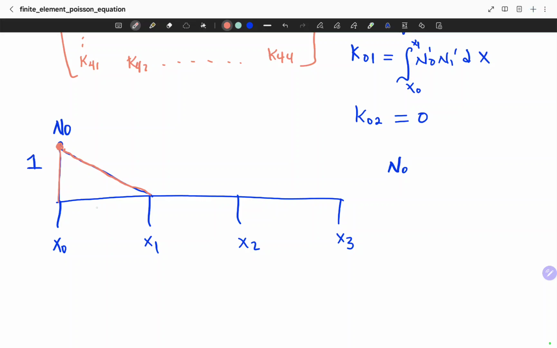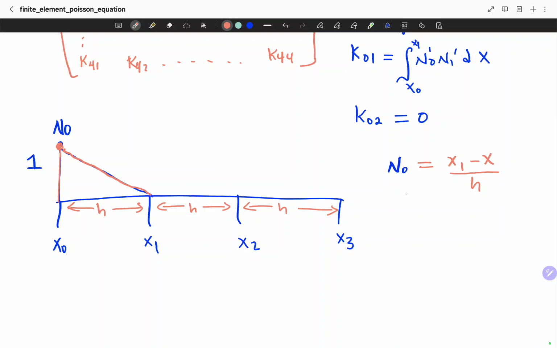First we have to define the interval h, because this would help in the explanation. Now n0 is, you see here is 1, and then this line is going down. So this line has a negative slope. You can say it's x1 minus x over h.